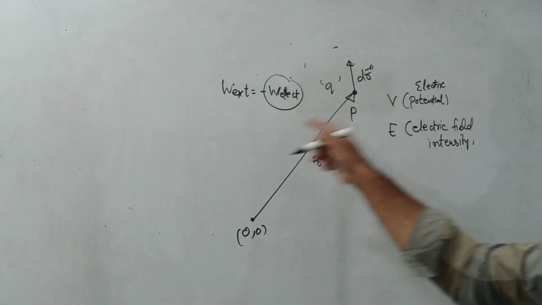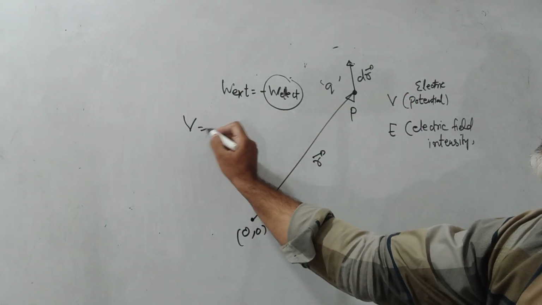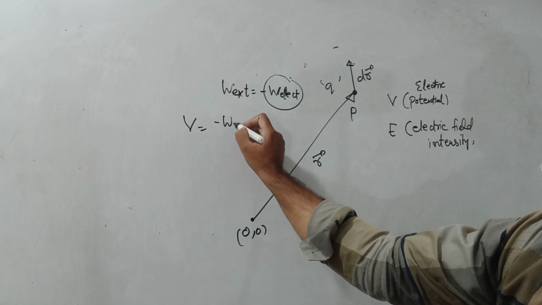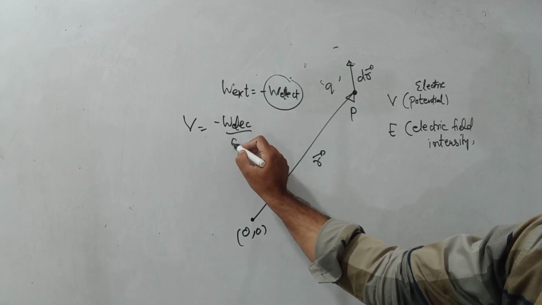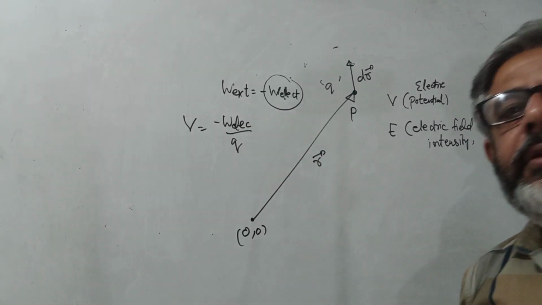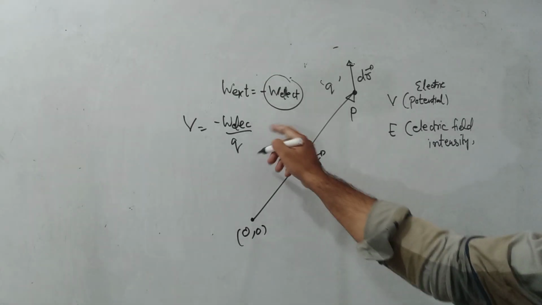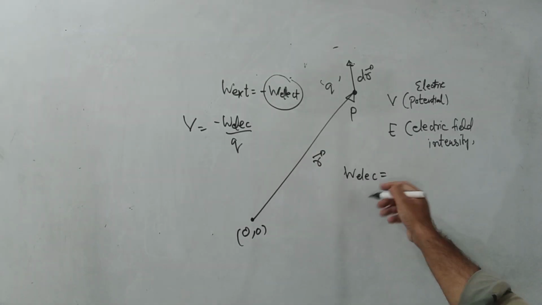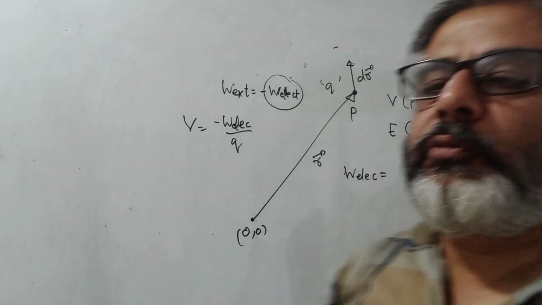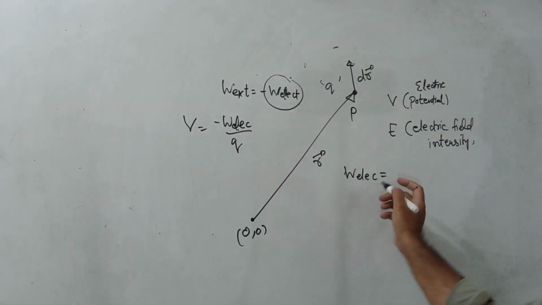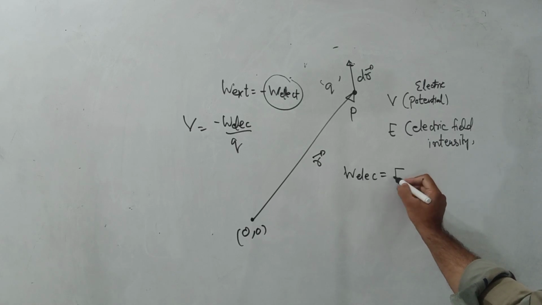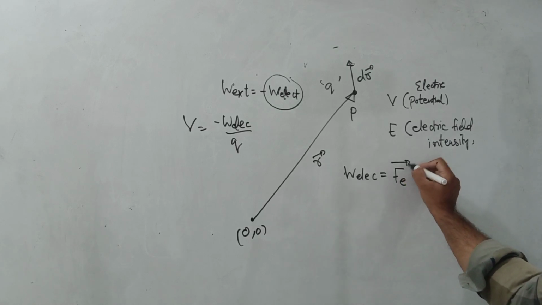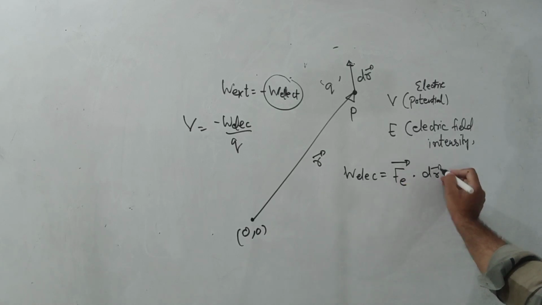So let me again write what I wrote earlier, that V is either the work done by the external force, or the negative of the work done by the electrical force per unit charge. So using this, we can say that the work done by the electrical force, work done being the dot product of force and displacement, is F dot dr. That is how you write in vectors.